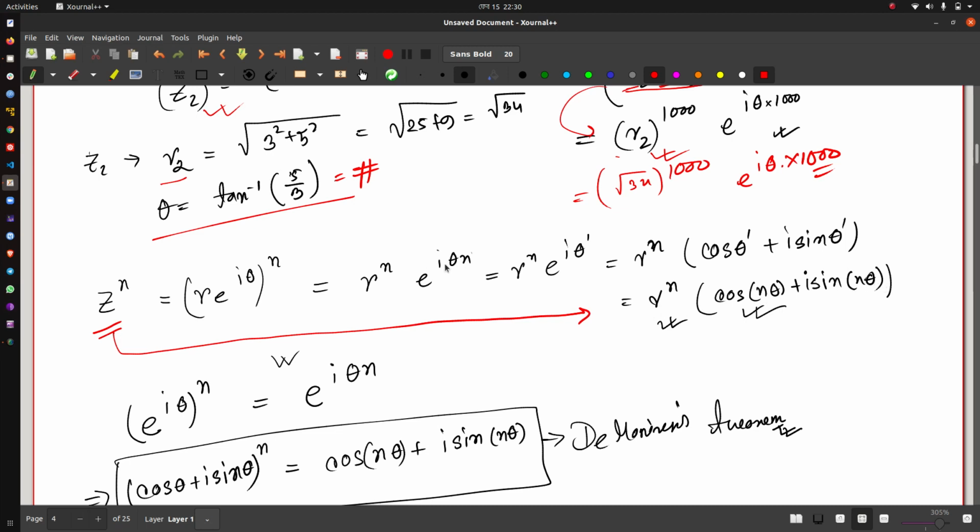What I have done here is that I am writing this theta n as theta prime, and finally when I'm done using the identity e to the power I theta is equal to cosine theta plus I sine theta, I'm putting back the values for theta prime. In fact this e to the power I theta is equal to cosine theta plus I sine theta. This is a famous identity, also known as Euler's identity.